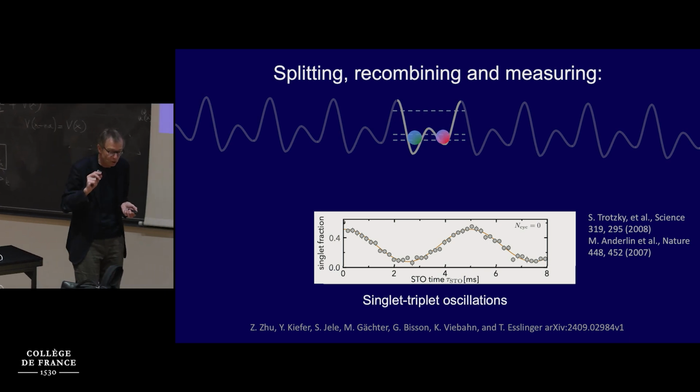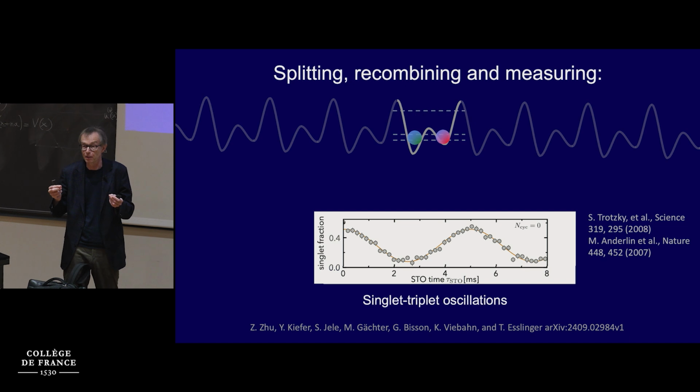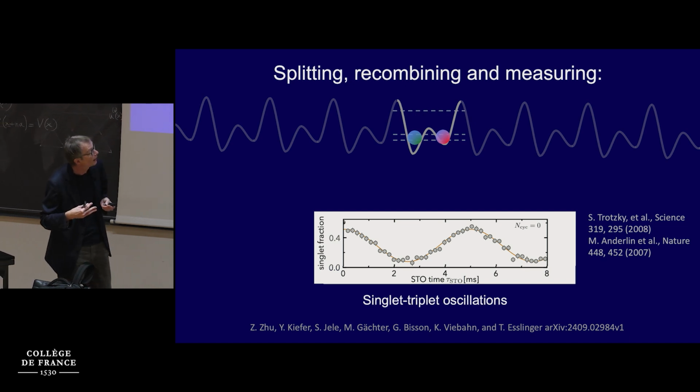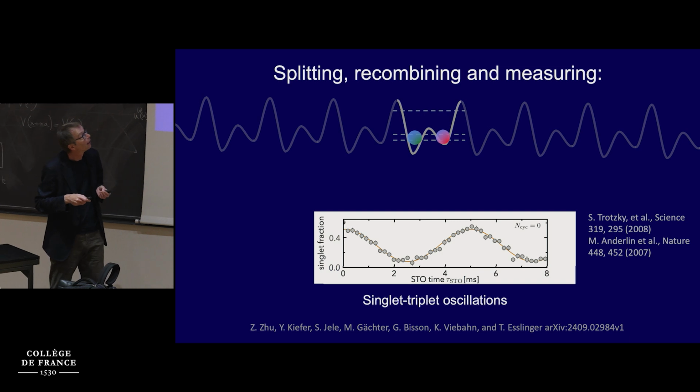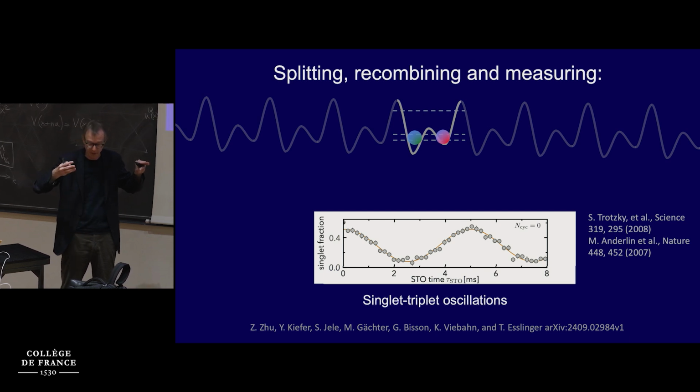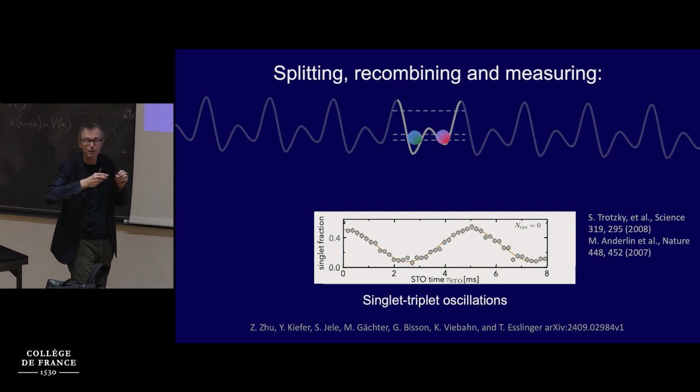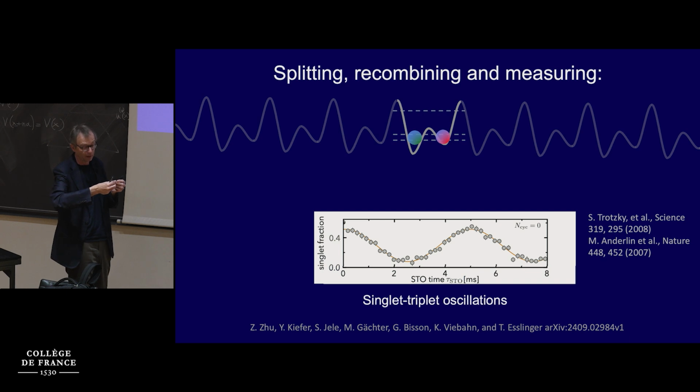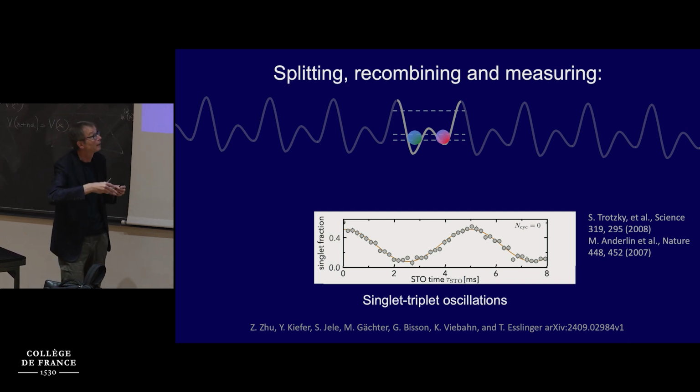And to measure whether that process is really coherent, one uses singlet-triplet oscillations. That's applying a magnetic field gradient, because that is the only thing that destroys your decoherence-free subspace between singlet and triplet states.